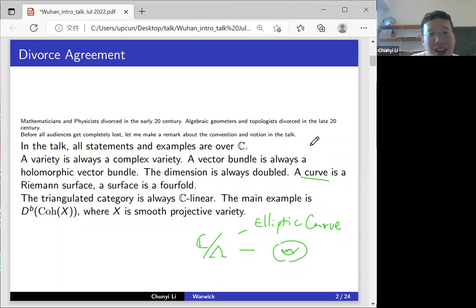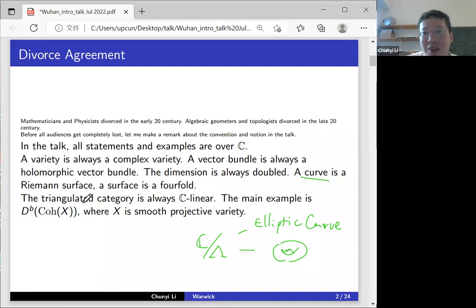Another thing is that one of the main objects in this talk is the so-called triangulated category. I hope you also use this concept a little bit in your research. But if that's not the case, that's not a big problem, because I'm not going to give the detailed definition of it. If you use triangulated categories, you may have your own examples.